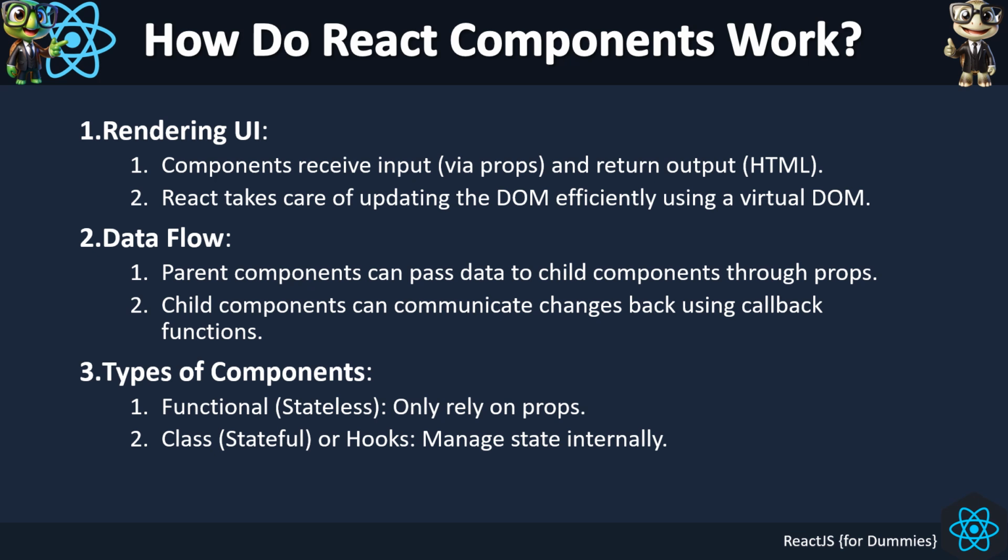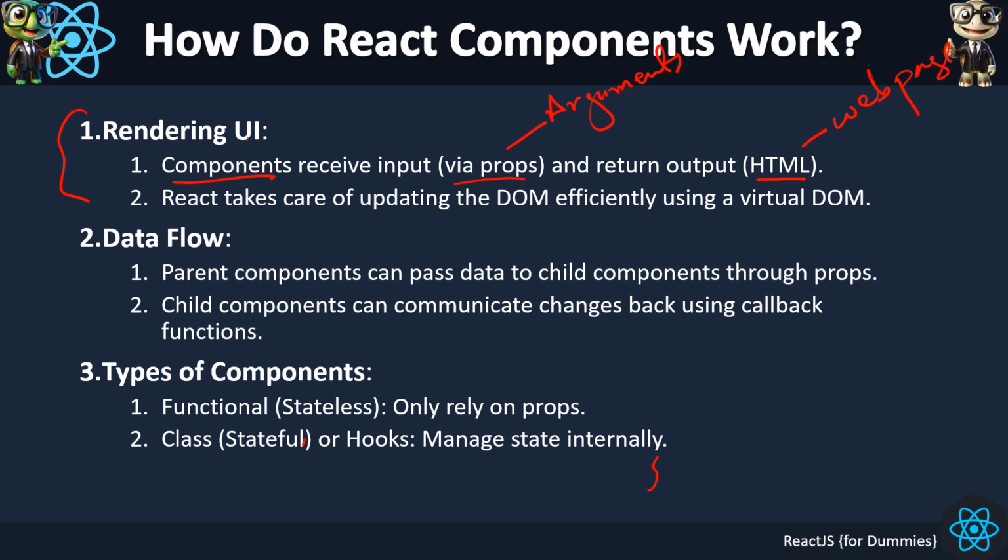So how do they work? They basically allow us to render UI elements. Components receive inputs, for example using props, which basically means arguments. So we pass data using these arguments, and return output, which is again HTML, which means basically our web page. Okay, so this is how it works.